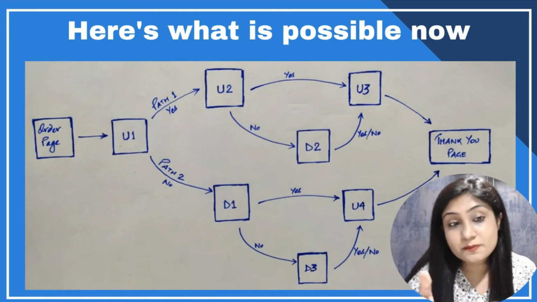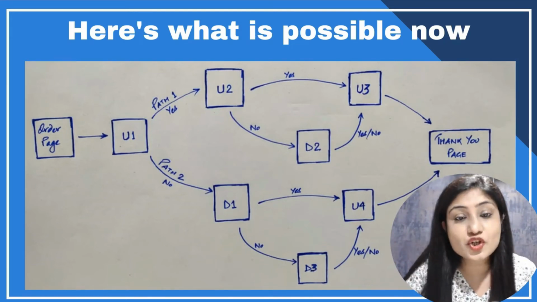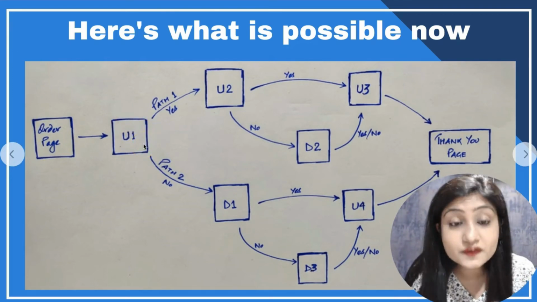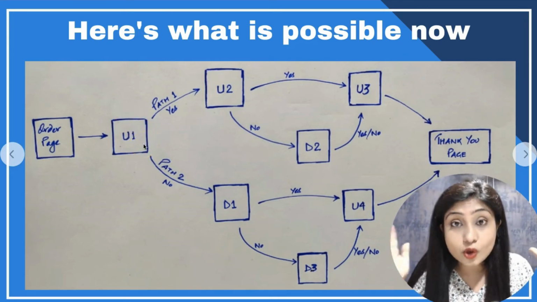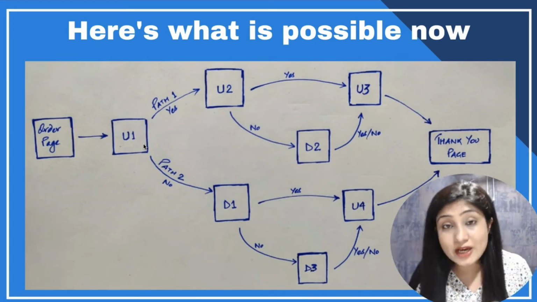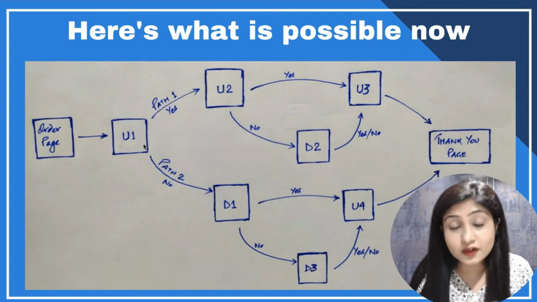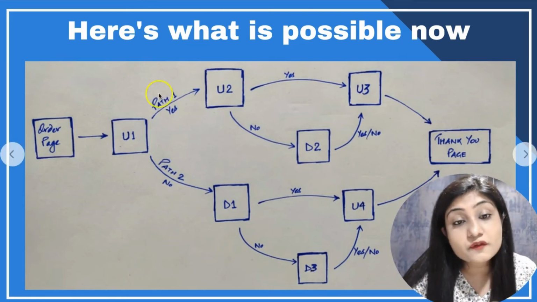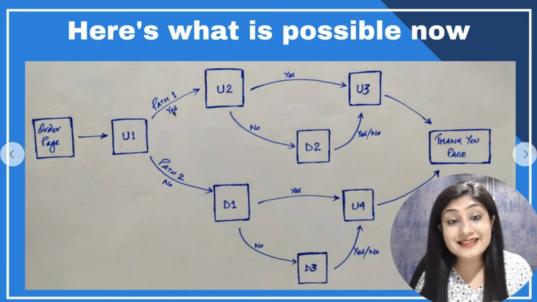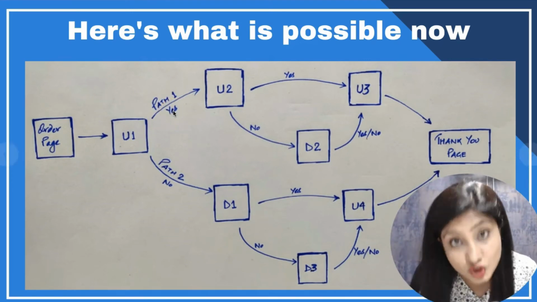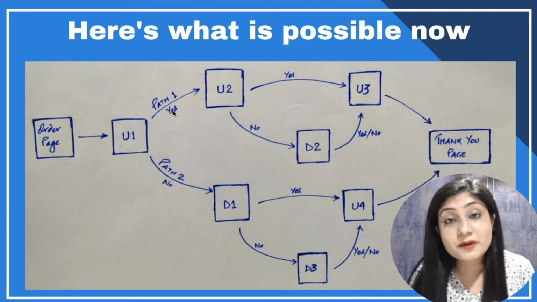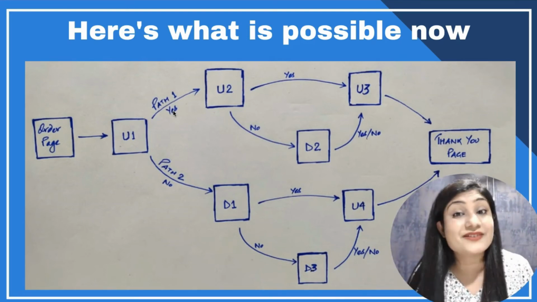So you've got the order page here, or the checkout page here, then you've got the U1, your first upsell offer, and then you can direct them to 2 alternate paths based on whether they accept or reject the first upsell offer. So if they accept the upsell offer, you can send them off to path 1, which has its own upsells and downsells, and if they reject upsell offer 1, then you can send them off to path 2 with its own upsells and downsells.